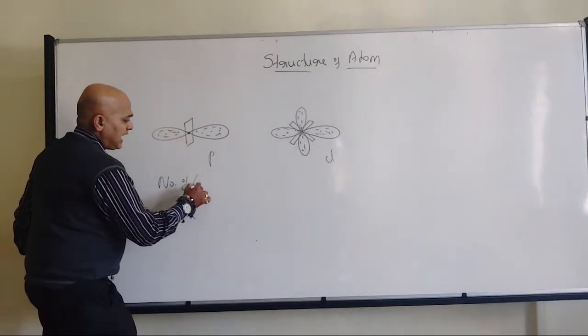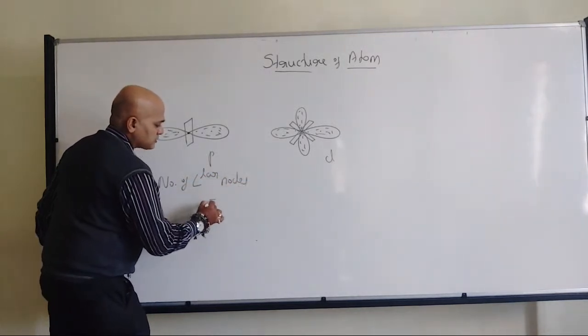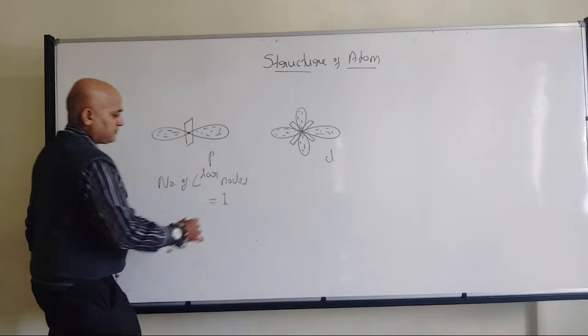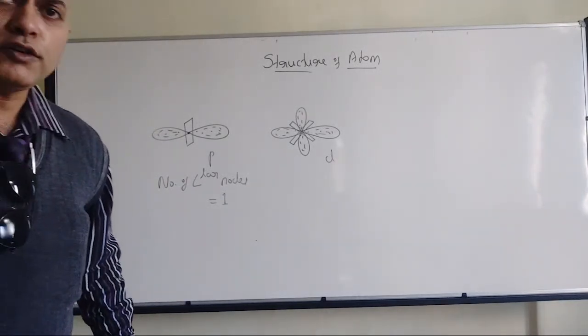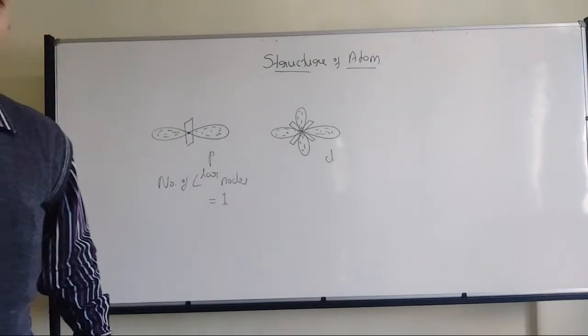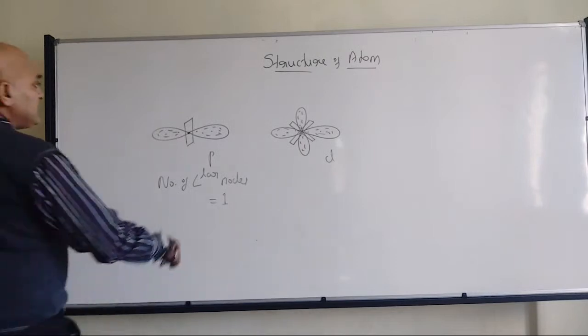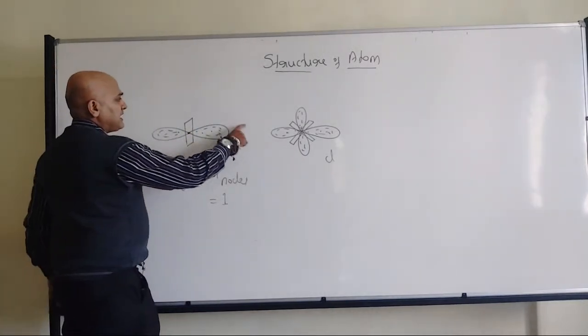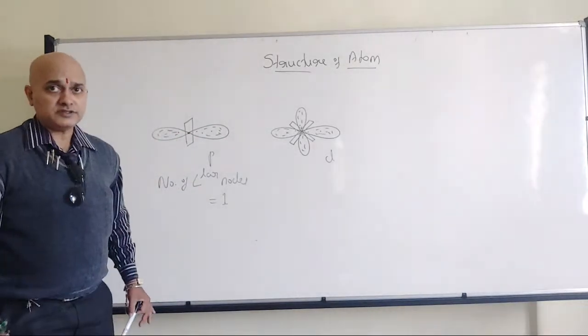For p subshell, number of angular nodes will be equal to 1. Whether I take 2p, 3p, or 4p, whatever it is, angular nodes will remain 1. Because if it is 2px, then 3px will be along this axis only. So only one angular node.